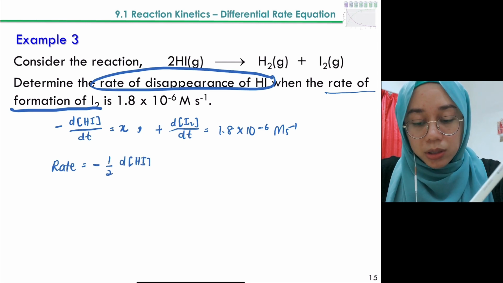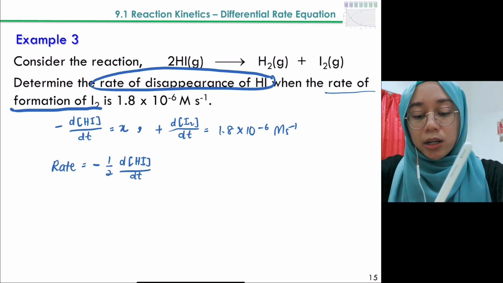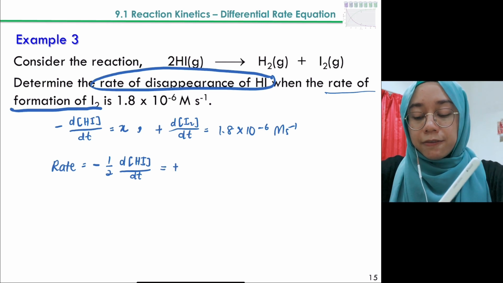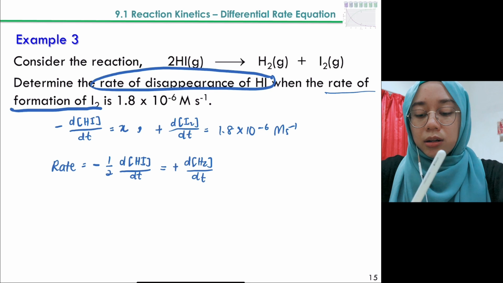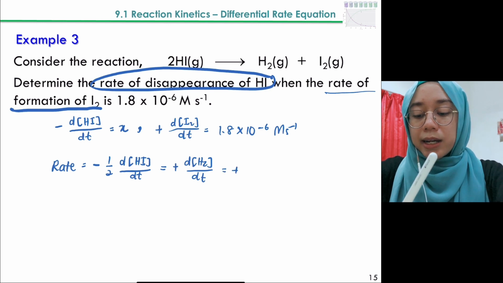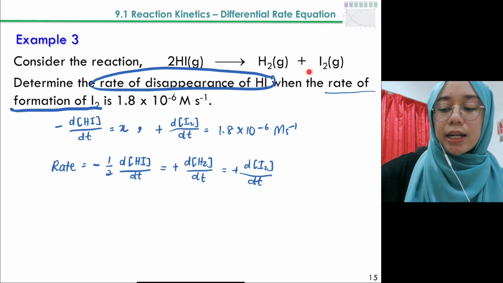Kenapa 1/2? Sebab kita punya hydrogen iodide tu, dia punya coefficient adalah 2. Okay, equals to positive. So, hydrogen gas sebab dia punya coefficient 1. Therefore, tak payah letak apa-apa kat situ kan. So, sama juga dengan iodine kat sini. Okay, so ini adalah differential rate equation untuk the whole reaction yang ada dekat atas ni.